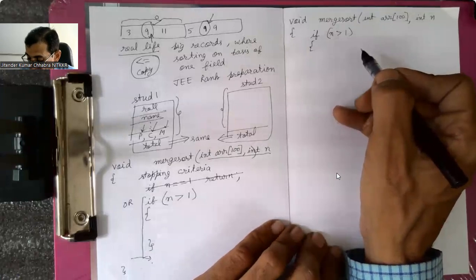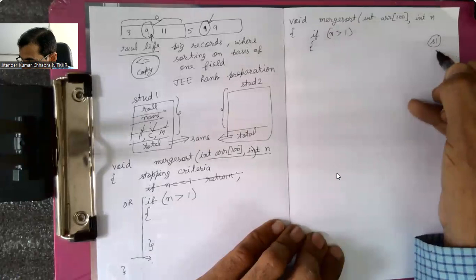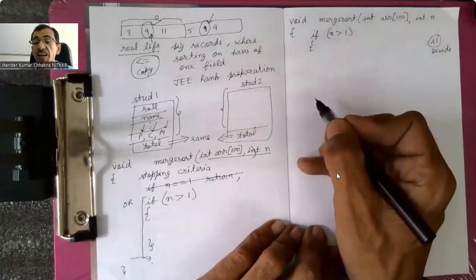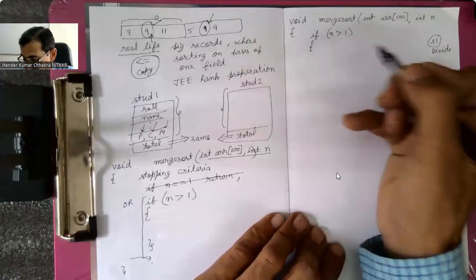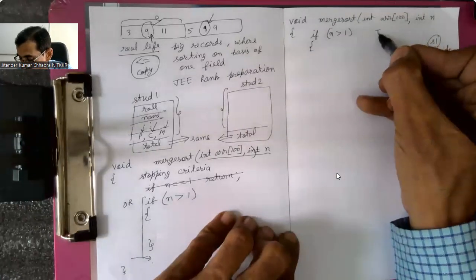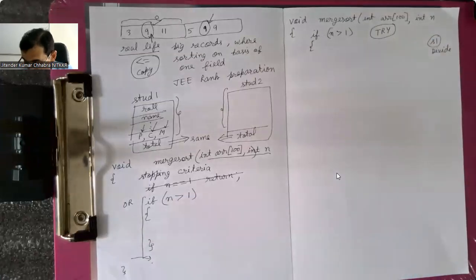I had effectively 3 steps. Step 1, divide the list into 2 sublists. Means logical division. Find the division point. How to find that? Try that. So now try to code that and write your code for step 1, step 2, and think of step 3 by writing a separate function merge.